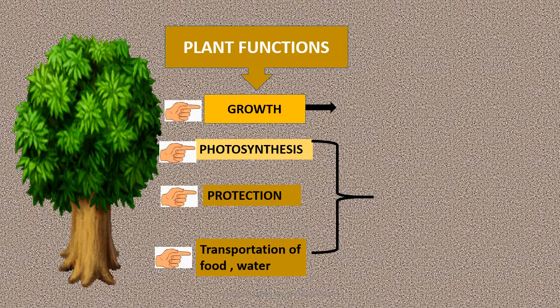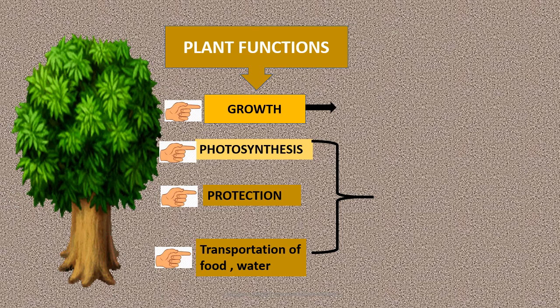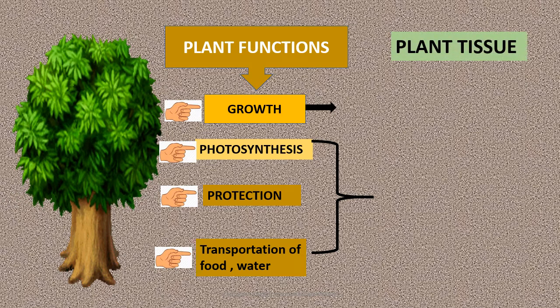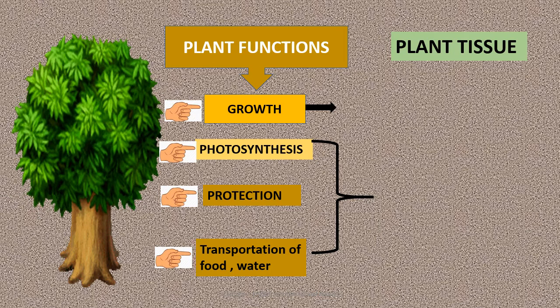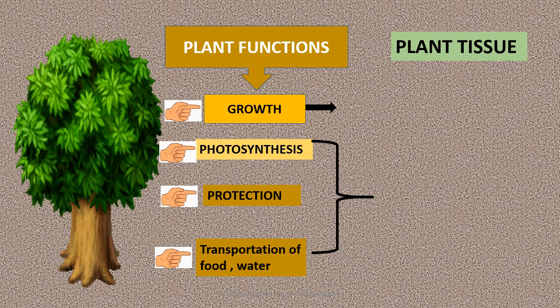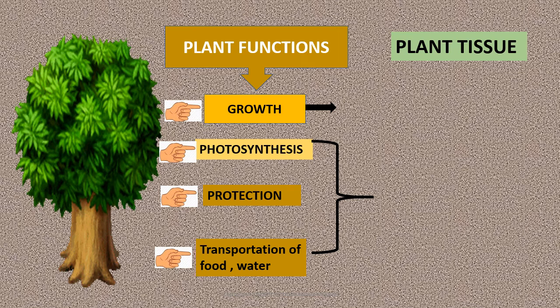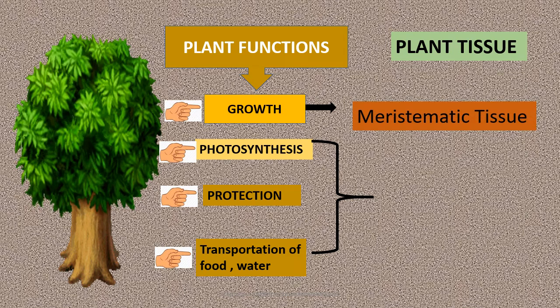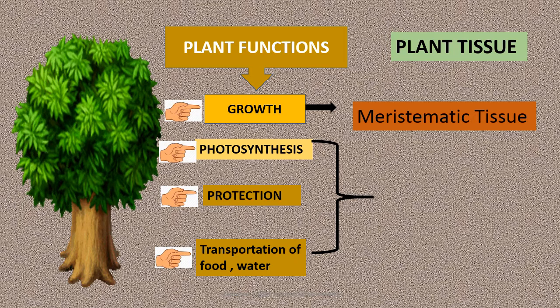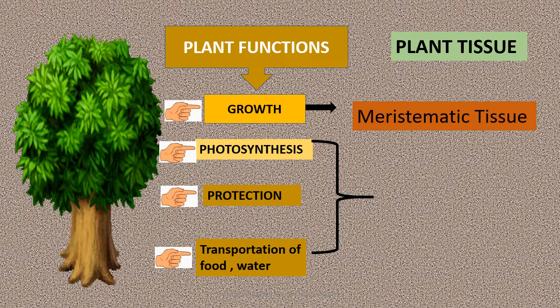So let us find the tissues associated with the first function in the plant, which is growth. Growth is carried out by a tissue.